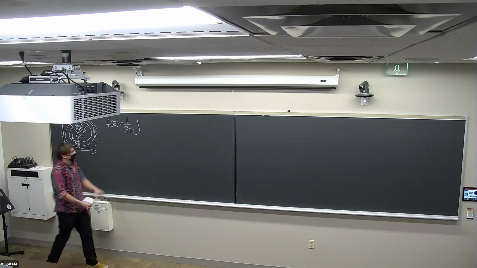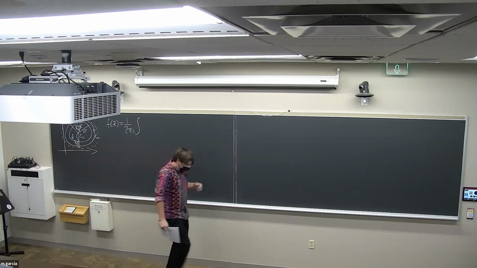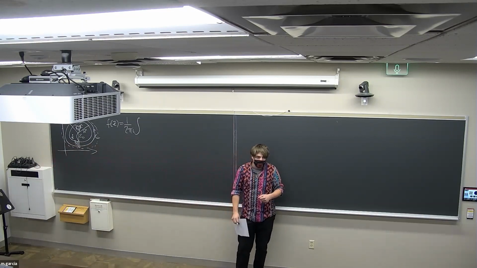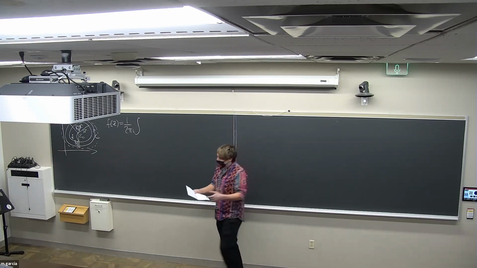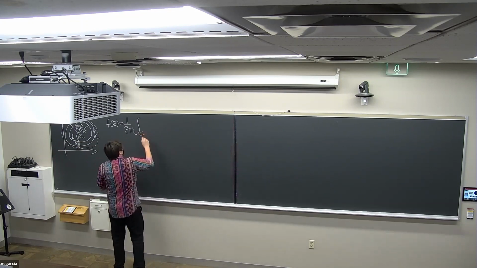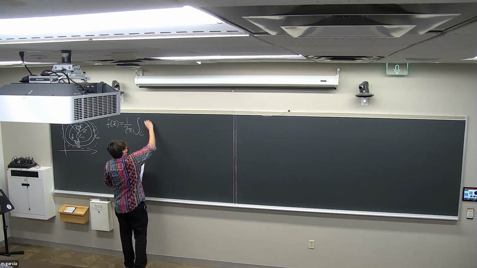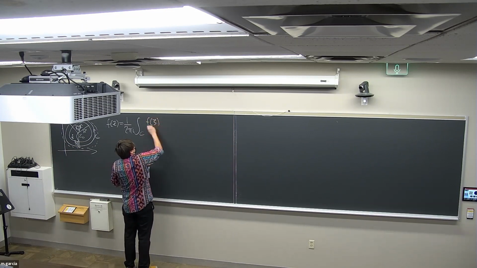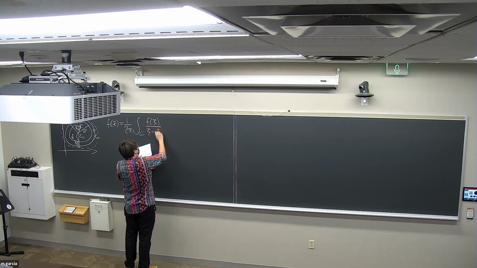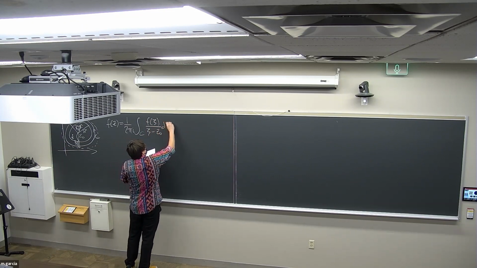So that we have some curve that we can apply the Cauchy integral formula for. Okay, so we take the integral around C of f of zeta divided by zeta minus z naught d zeta.